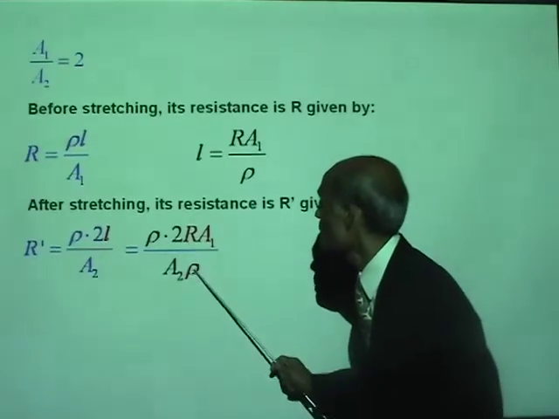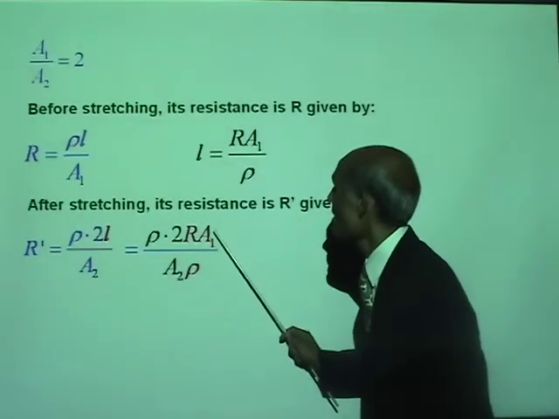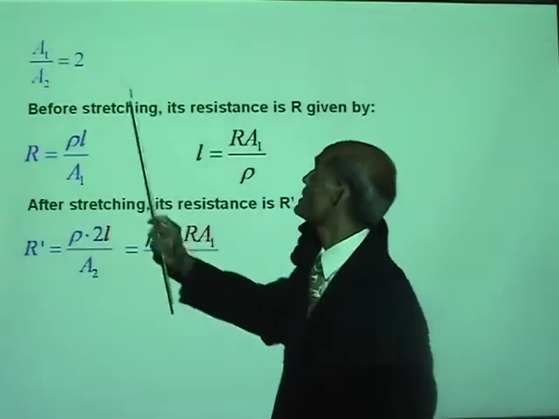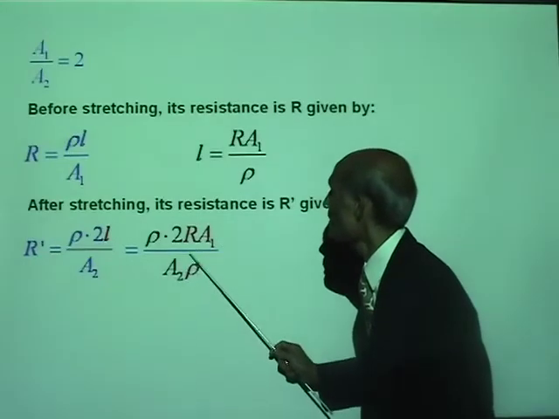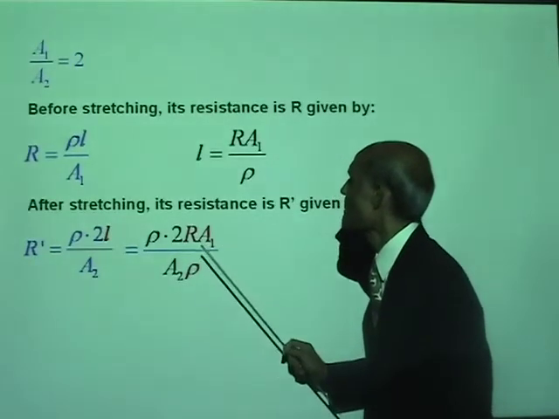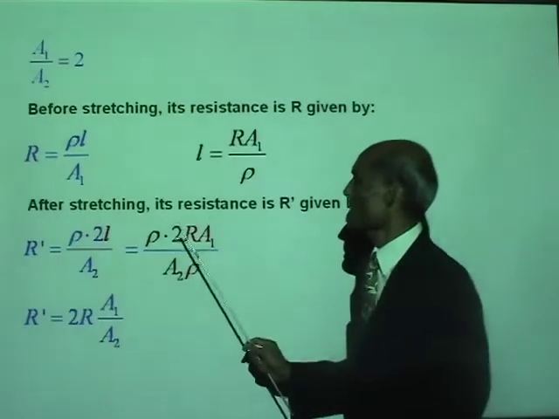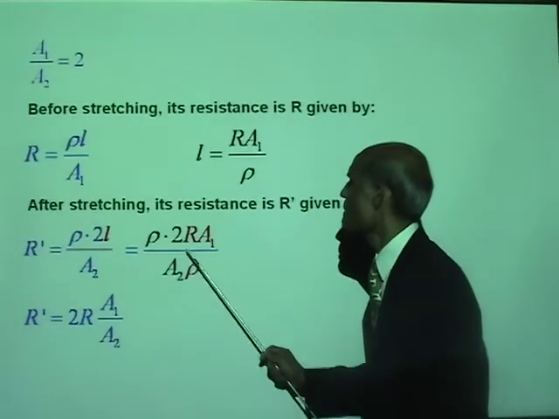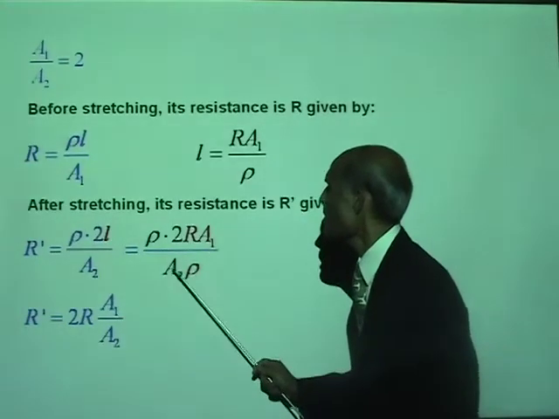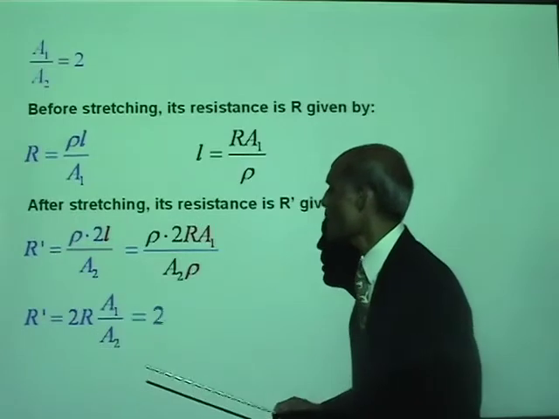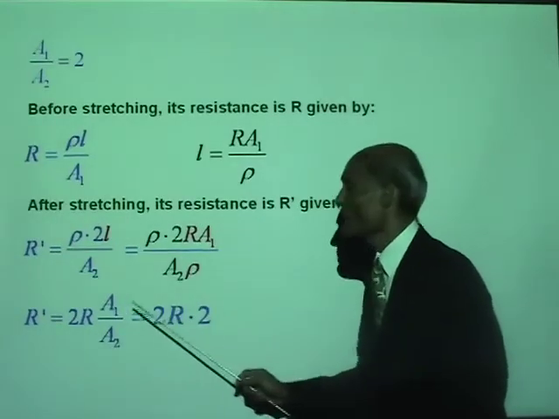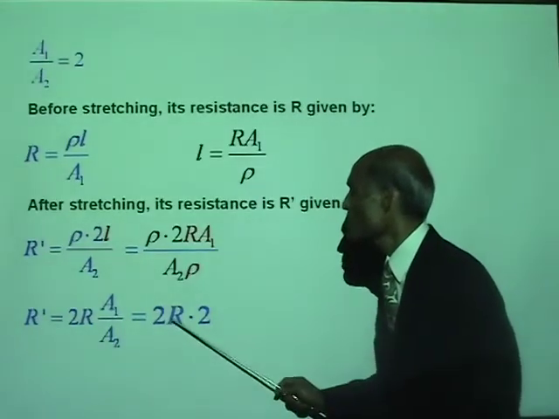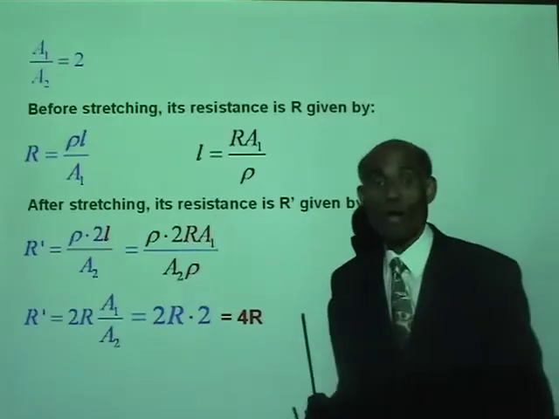You can see rho and rho goes, and A1 over A2 is 2. I can replace A1 over A2 by 2. That will be 2R A1 over A2. But A1 over A2 is 2. Therefore, the resistance after stretching R prime is 2R times 2 is 4R.